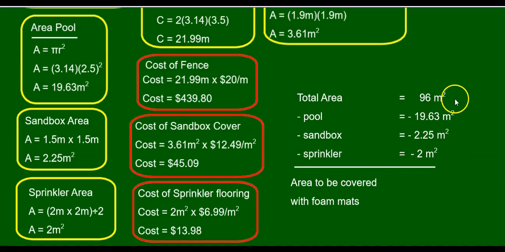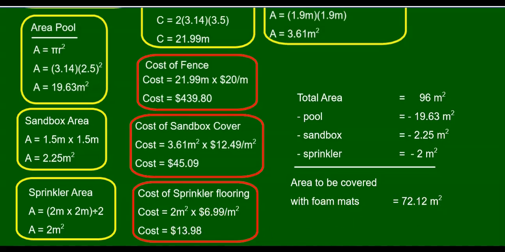And so the total area to be covered is 96 minus this, minus this, minus this, and it's 72.12 meters squared. Now remember that the mats come in packs of 25 meters squared. So we're going to need 3 packs of 25.